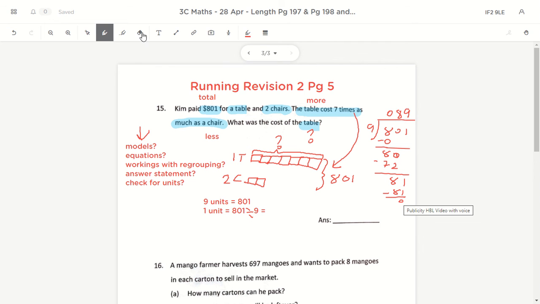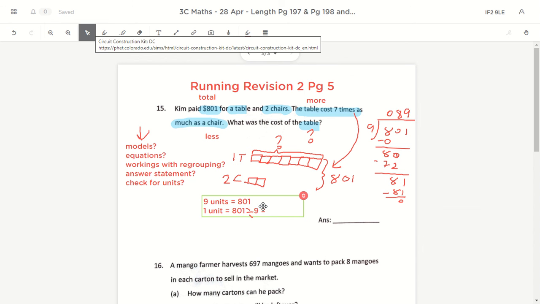So I know that 801 divided by 9 gives you 89. So each 1 unit is 89, which means one chair is 89.